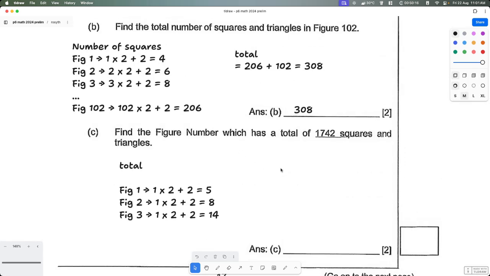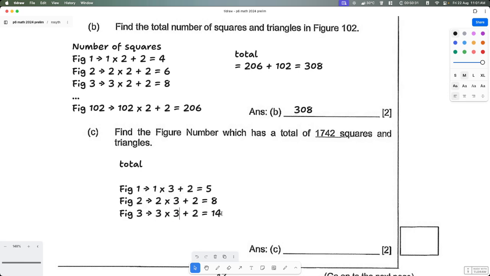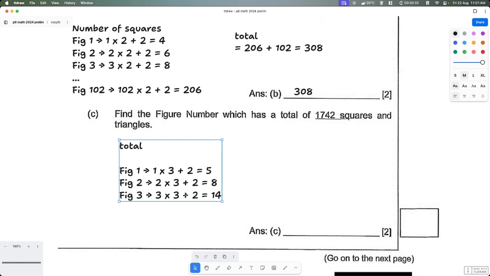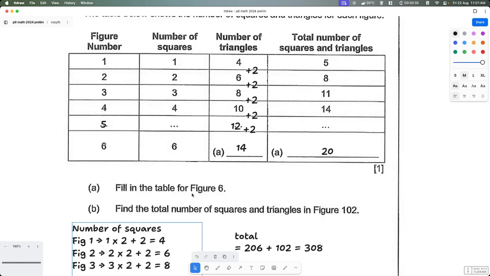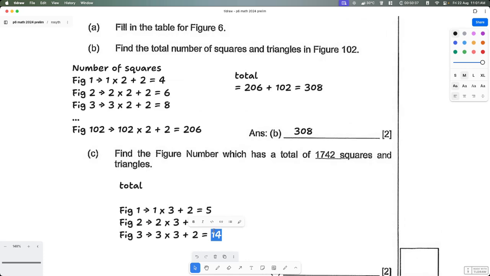So that means in this case from 1 to 5, we basically have 1 times 3 plus 2, then this will be 2 times 3 plus 2, then this will be 3 times 3 plus 2. Sorry, this is not 14, this is 11.